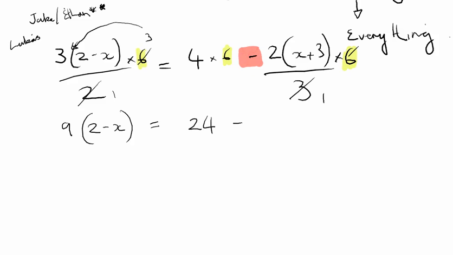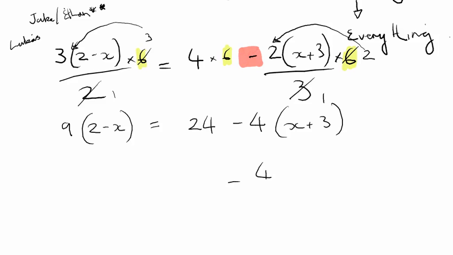Okay, so let me do that. 3 goes into itself once, and 3 goes into 6 twice. So what I'm actually doing is I'm multiplying this side. There's no more denominator, but I'm multiplying this side by 2. So I'm multiplying that number there by 2. So it's actually minus 4 into x plus 3.